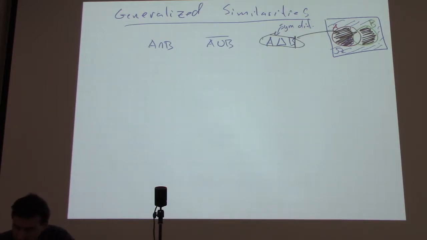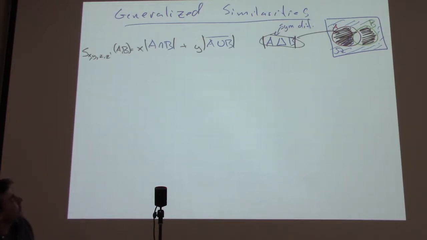Okay, so I'm going to look at the cardinality of each of these terms, and put a parameter in front of each. I'm going to define a general similarity, x, y, z, z prime, between A and B. It is x times the cardinality of A intersection B, plus y times the cardinality of the complement of A union B, plus z times the cardinality of the symmetric difference of A and B. I may set some of these parameters to 0.